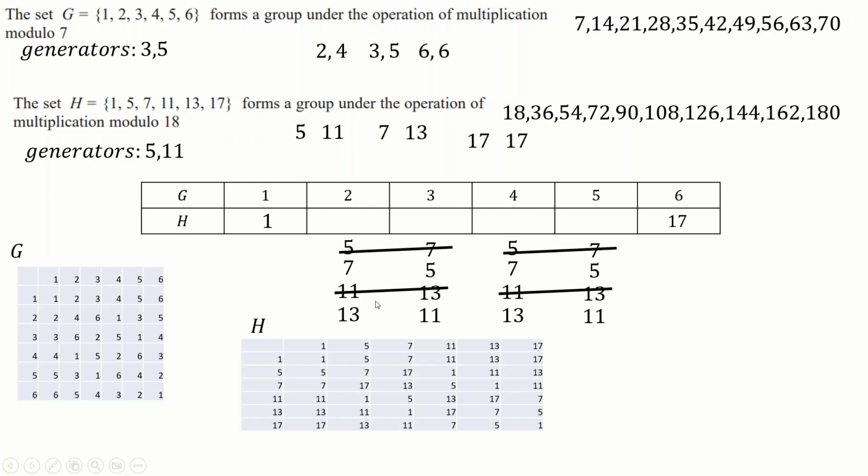And these are the only options we have. We could pick 7 and 5 to go here, and we can't pick 7 and 5 again because we need all of the different elements here. So we could put 7 and 5 here, and then 13 and 11 here. Or we could put 13 and 11 there, and we could put 7 and 5 there. Those are the only 2 options that you could have, and either one would do.